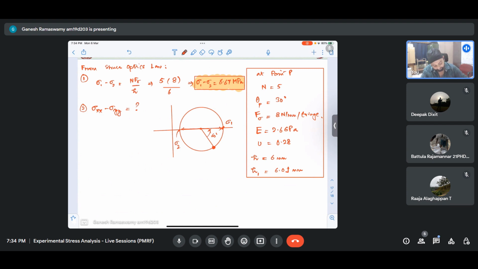So this is essentially point P, where if I rotate the stress element by 30 degrees, I'm able to get to the principal stress directions, which means in the Mohr circle, I have to rotate it by 60 degrees. Okay, so what is this essentially? At this point, if I see this quantity, it is nothing but tau xy. What will this be?